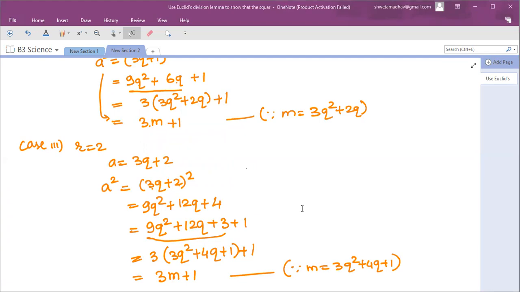Ma'am, so when we are doing the cube, the m value will be 9q cube, right? No, 3q whole cube. So 3 cubed is 27. Yes, ma'am. So after we factorize, we get the m value as 9q cube, right? Yes, right. Ma'am, so for R, we have to do all 8 cases?